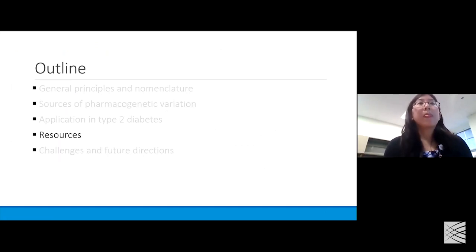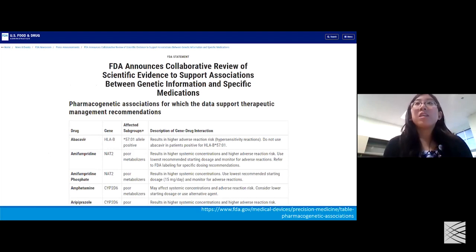Okay, I'm going to switch gears a little bit and talk about some resources for those who might be interested in implementation of pharmacogenetics and understanding the body of literature for a particular disease or particular drug. I want to mention that the FDA last year posted a table of over 50 gene-drug interactions supported by scientific evidence.